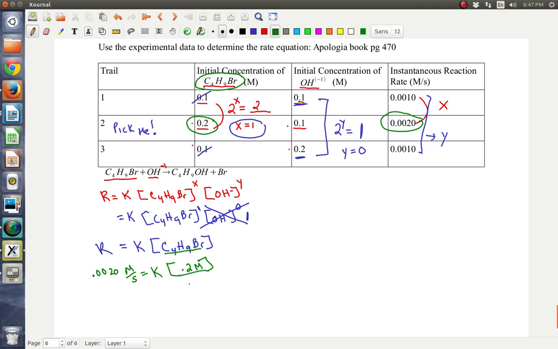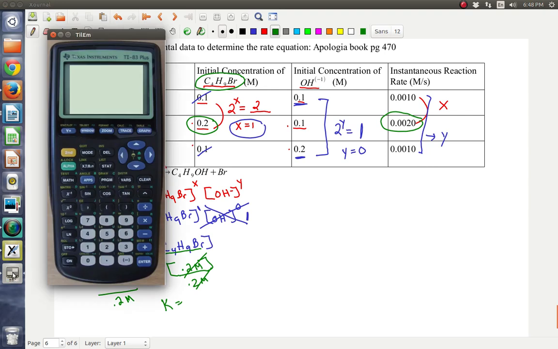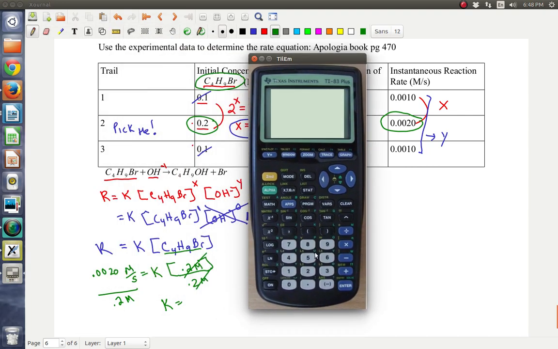All right, so solve for K. Just divide both sides by 0.2 this time, and we're going to calculate K. You'll notice that the numerator and the denominator cancel out. Now I'm going to pull up the calculator. Do our math. 0.002 divided by 0.2 is 0.01.